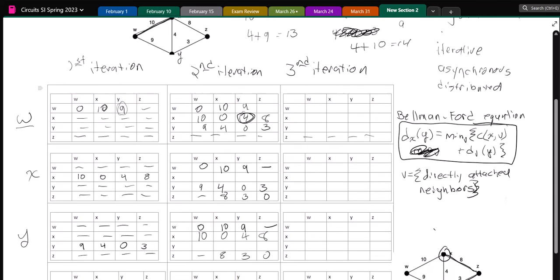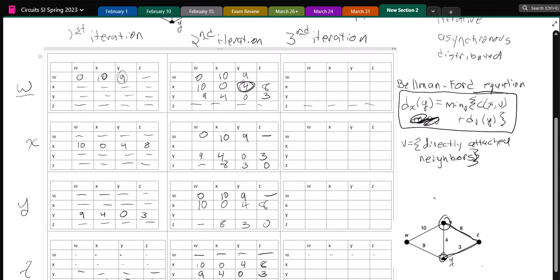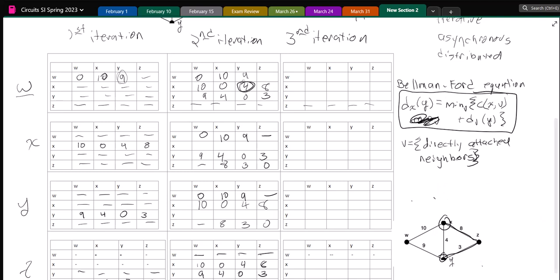Let's look at my x distance vector. All right, so to go from x to w, I'm starting at x, and then I'm going to look at the cost from each of x's direct neighbors to get to w, plus the cost to get from x to that neighbor.